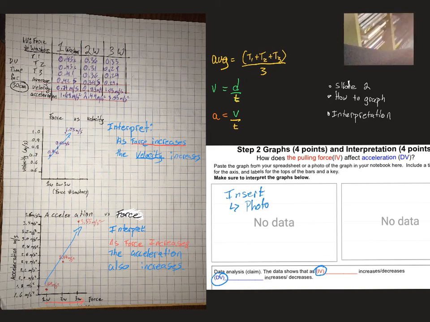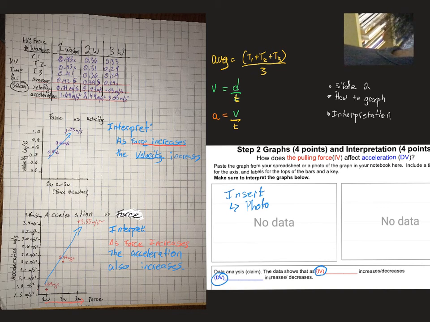If you're using a tablet, you can take the photograph right there. If you're using a phone, you can take the photo right there. If you're on a laptop, you take the picture ahead of time, save it in a place that you can remember, and then upload your photo. And you can insert the photo right there. If you're on a laptop, you can even drag and drop the photo of your graph right here.